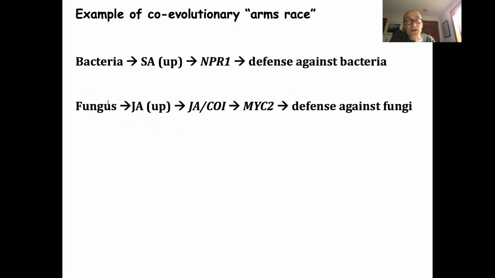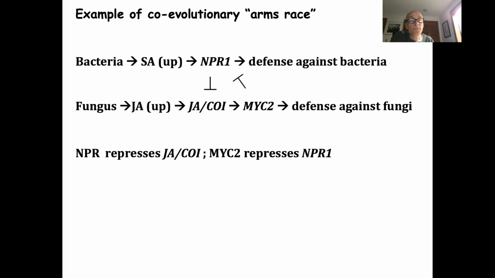When fungi are the source of the infection, oftentimes jasmonic acid is upregulated more so than salicylic acid. And jasmonic acid, via the pathway I told you at the beginning, through this interaction with COI and the transcription factor MYC that sits on these jasmonic acid response genes, there's a whole set of defense genes that are specific against fungi that are upregulated through this pathway.